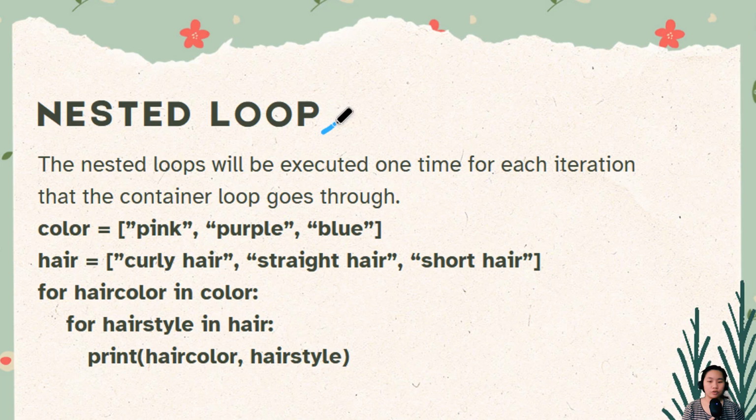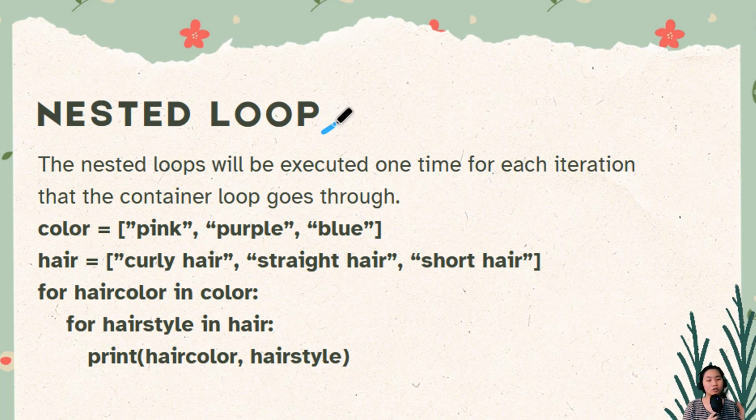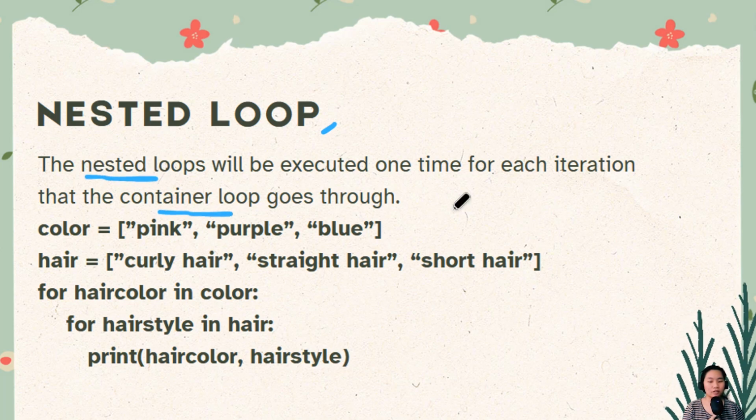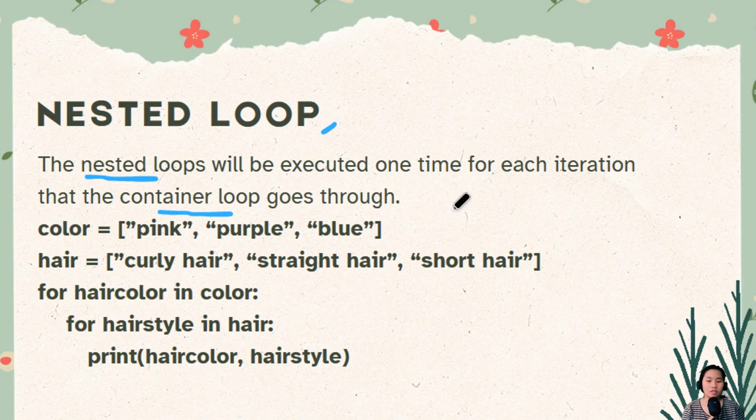Now let's move on to nested loops. Nested loop, like nested dictionary, nested if statements. It will be executed one time for each iteration that the container loop goes. Now what I said here, nested loops and container loop, they're not official terms. They're just sort of placeholders for these statements, and it's a little bit hard to explain, so I will show you a demonstration. And don't you worry, it's very straightforward.